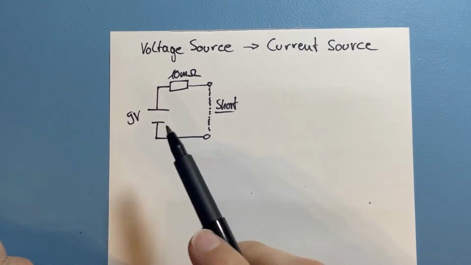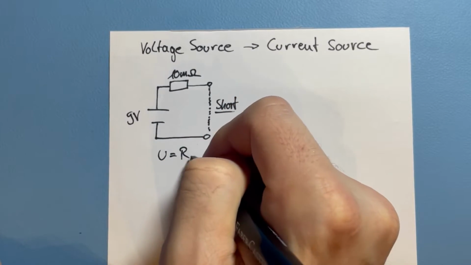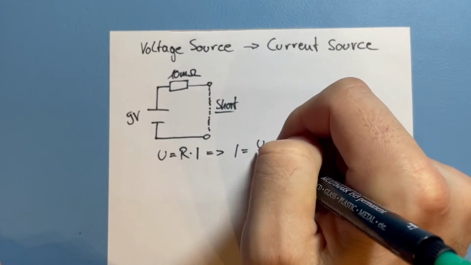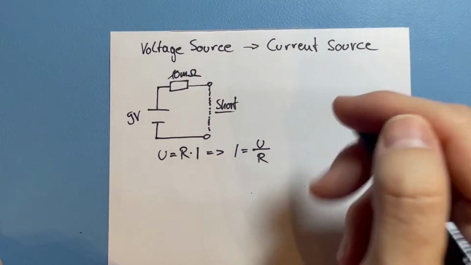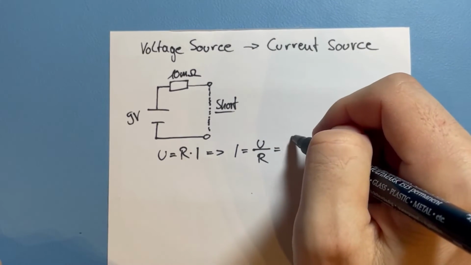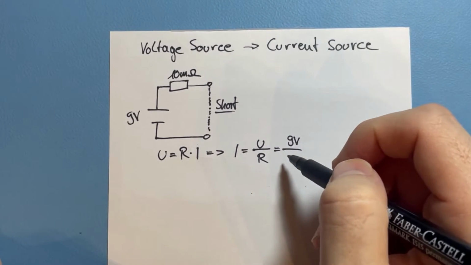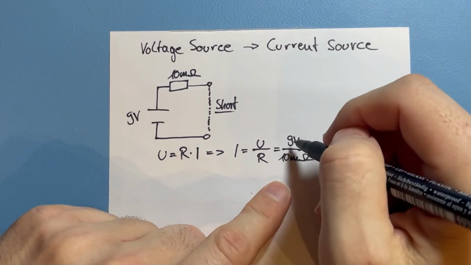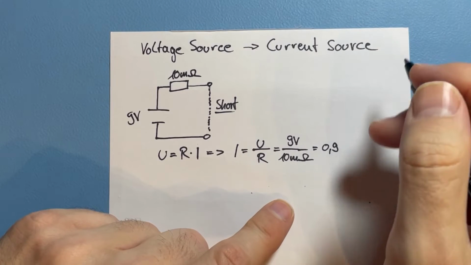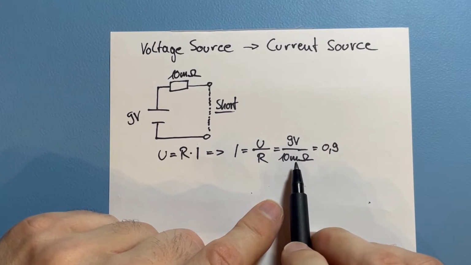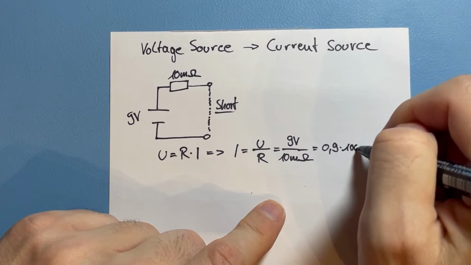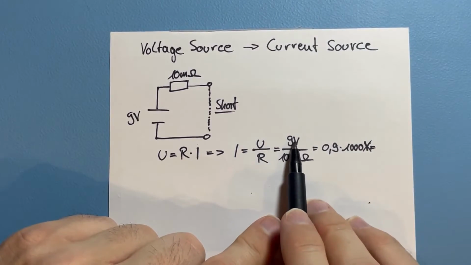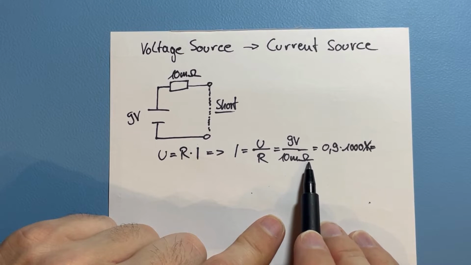So the general formula is U equals R times I, and if we want to have I, that means I equals U divided by R. With our concrete numbers, that is 9 volts divided by 10 milliohm, and that is 9 divided by 10 is 0.9, and then milli below the line means times 1000, and then we have not volts, but volts divided by ohm, and ohm is volts divided by ampere.